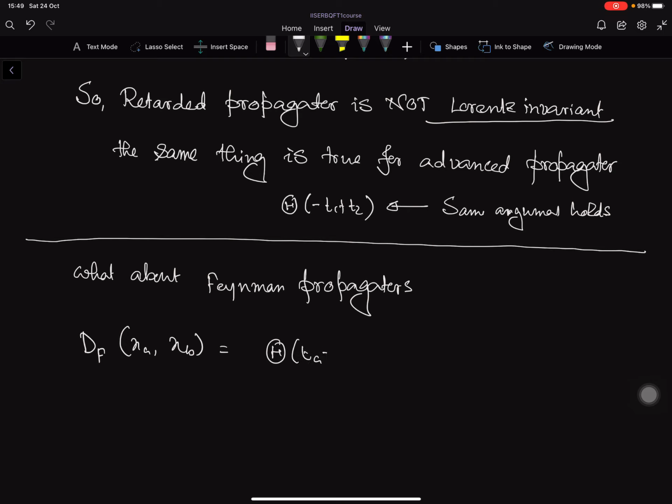It is theta of Ta minus Tb, plus the other piece, theta of Tb minus Ta.